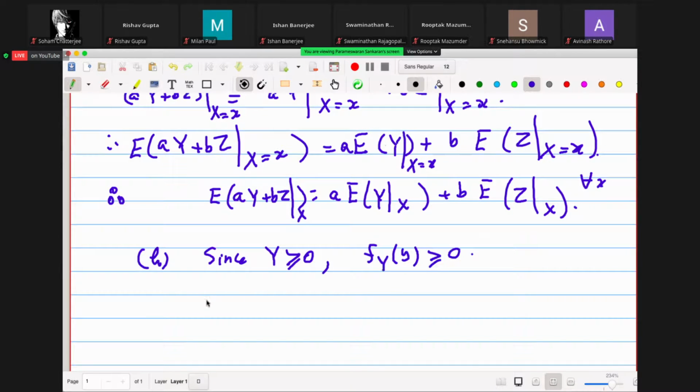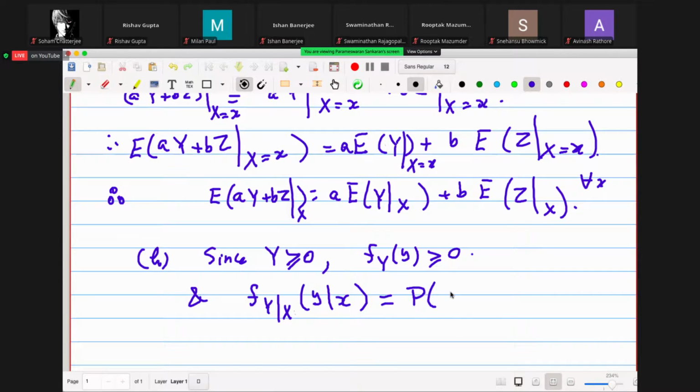And so f of y given x equals x. Okay, this is not the way we write it, but we write the other way. Y given x. What is the meaning of this? This is a probability of something.